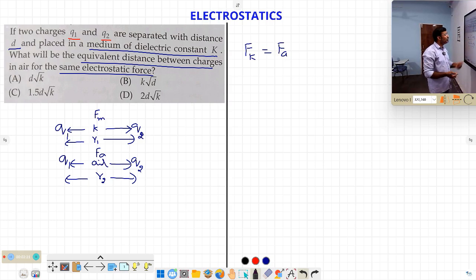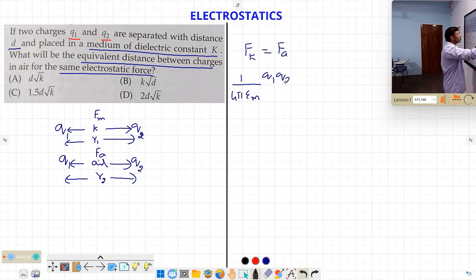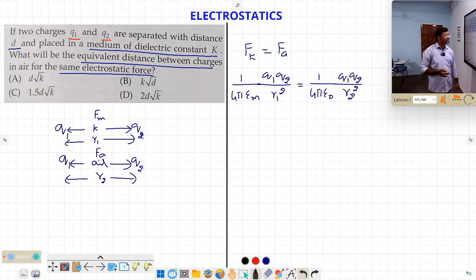So you take the formula: 1 by 4 pi epsilon, into Q1 Q2 by the square of the distance between them, that is R1 square, is equal to the force between the two charges in air, that is 1 by 4 pi epsilon naught into Q1 Q2 by R2 square, R2 being the distance between them.